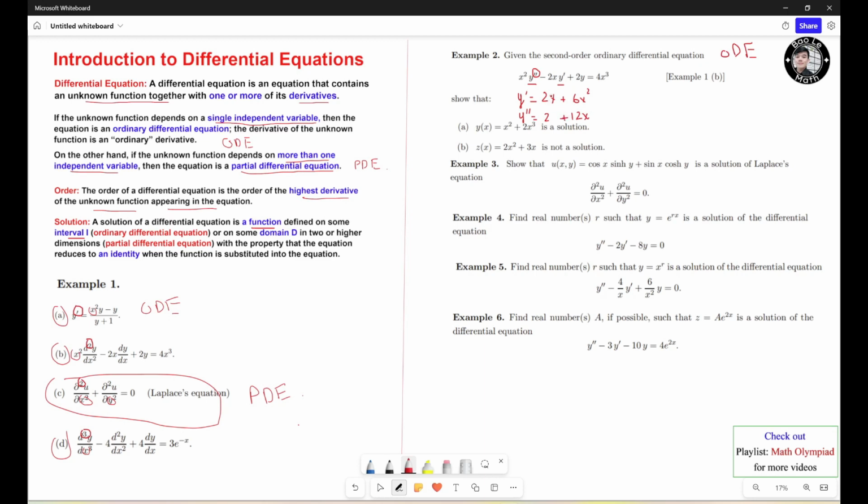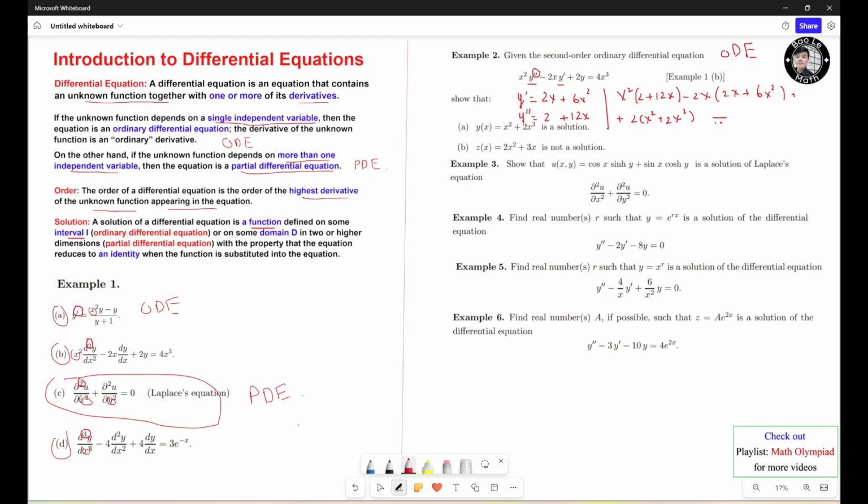Now we substitute these two functions into this equation. So it turns out to be s squared times y double prime, which is going to be 2 plus 12s, minus 2s times y prime, which is 2s plus 6s squared, plus 2y, plus 2 times s squared plus 2s cubed.